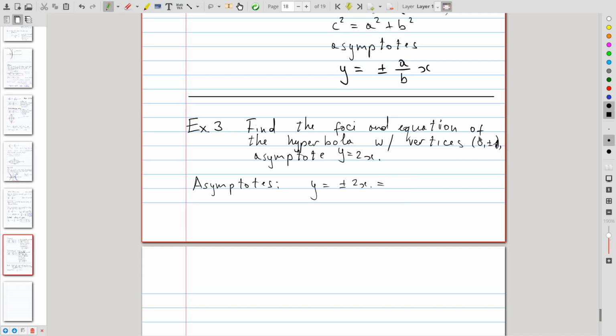So let's look at the vertices. We see that the vertices have the same x coordinate but different y coordinates. So the vertices are oriented vertically, one above the other, like so. And so this means that we have a vertically oriented hyperbola.